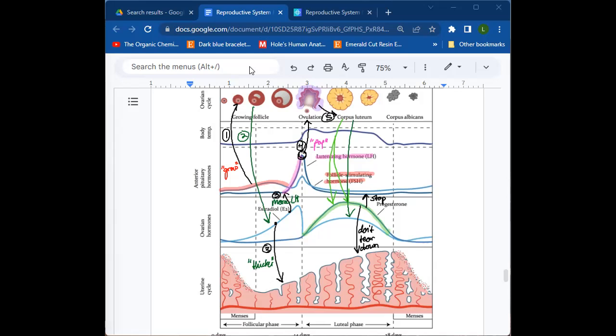And then meanwhile, the estrogen is basically going to tell the uterus to get thicker, and to keep thickening the endometrial lining.